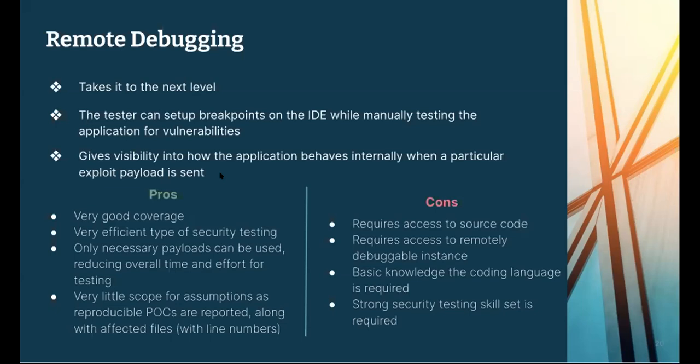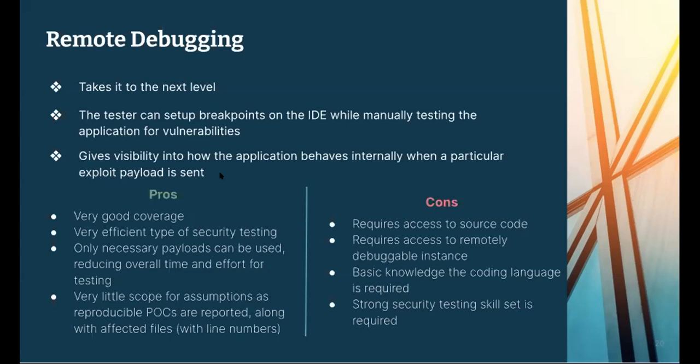I have seen this happening during testing, that I'm sending a number of payloads, but then nothing is happening. But if I have remote debugging enabled, I can actually see the values of the particular variables which that function or method is trying to use, and what kind of validation is happening there. Because like I said, I'm not an expert in code, so I don't truly understand what is happening with my payload.